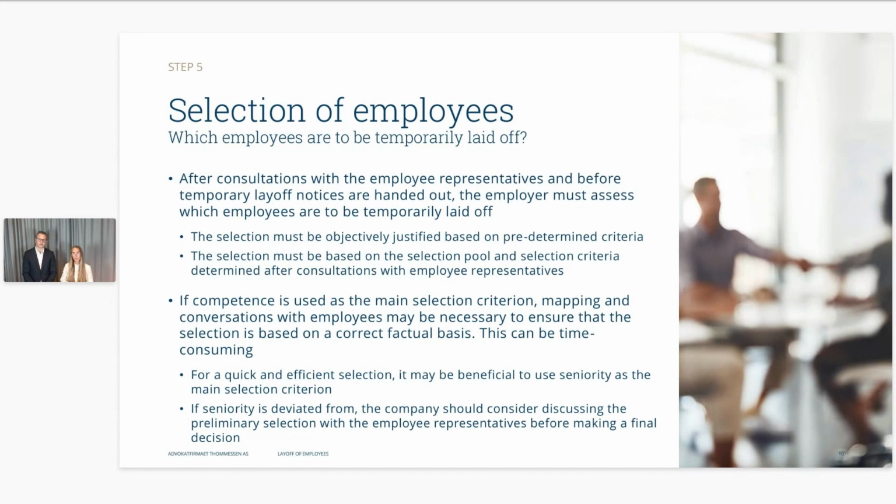In order to select employees based on competence or qualifications, it will often be necessary to conduct a mapping process where the employer has conversations with the employees to ensure that the selection is based on a correct factual basis. In bigger companies with a wide selection circuit, such conversations are often time-consuming and less practical.